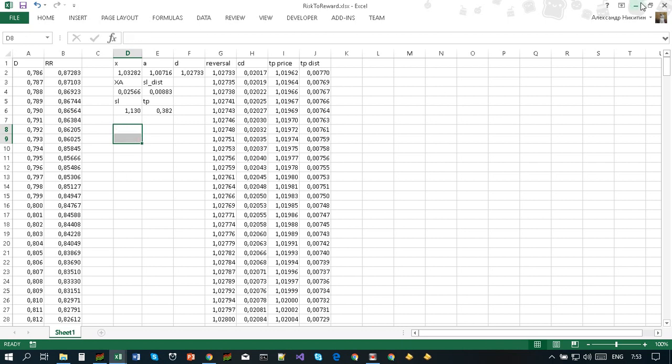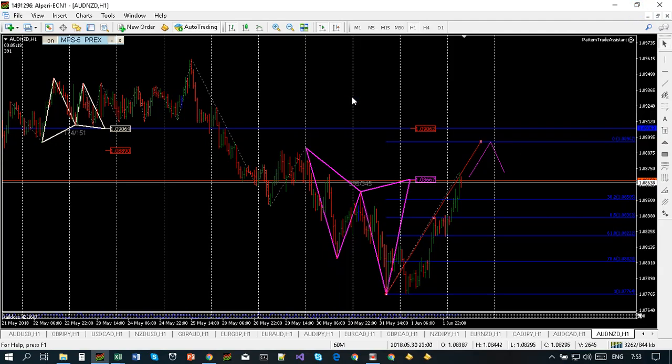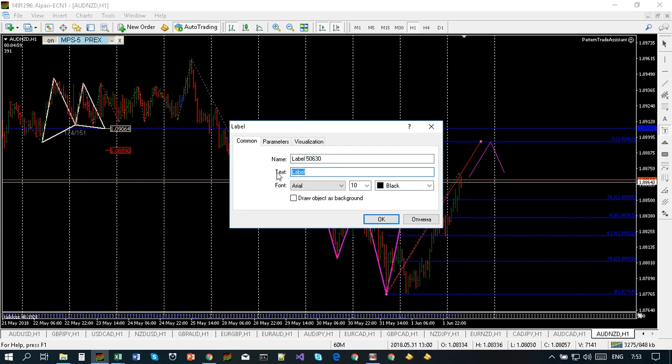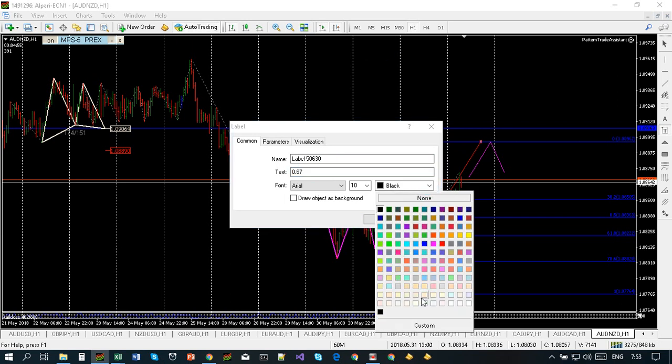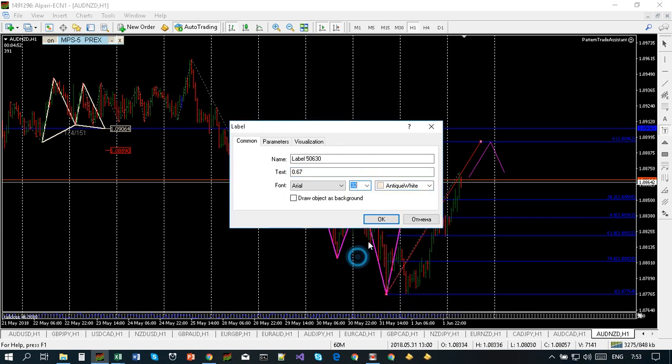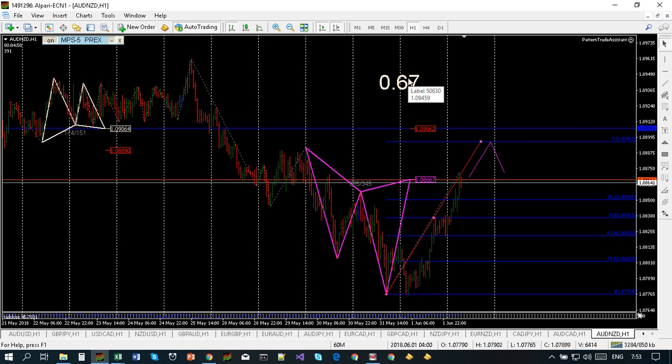It is 0.67. It is a very time-consuming calculation to demonstrate how you come up with this number, but it is 0.67. Let me use this label, 0.67, and let this be white. Okay, this is the average risk to reward for a cipher pattern.